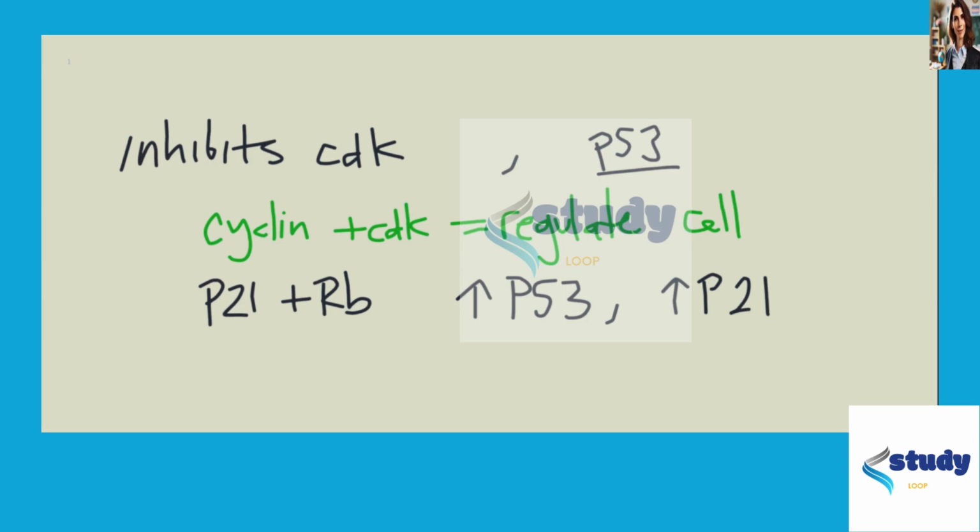And RB, while it is also a negative regulator, doesn't really have a relationship. There's no relationship here with the p53 directly.